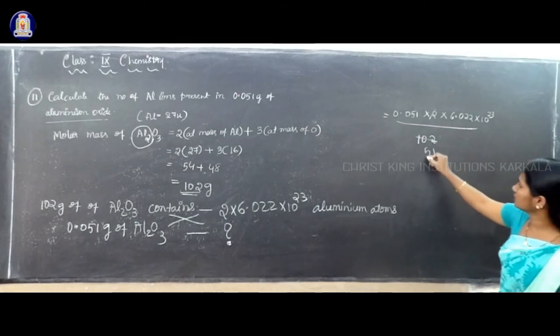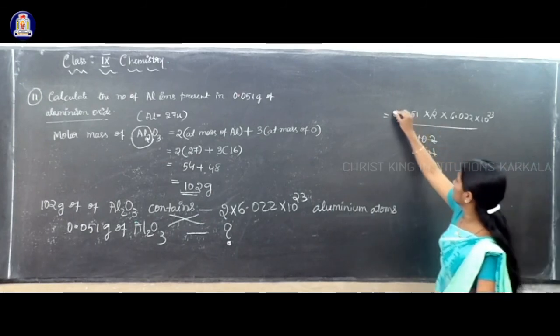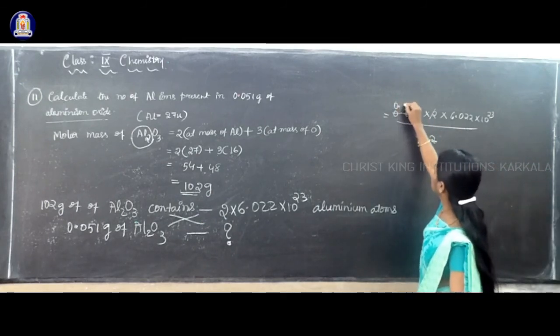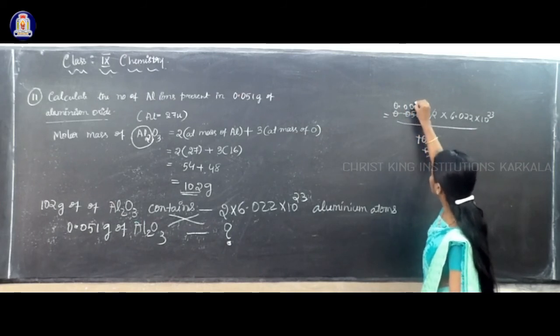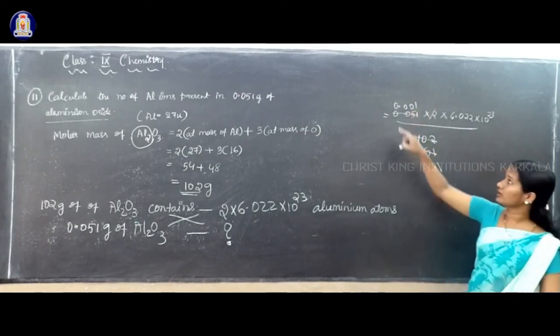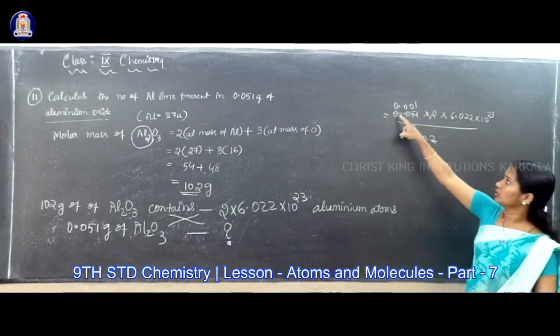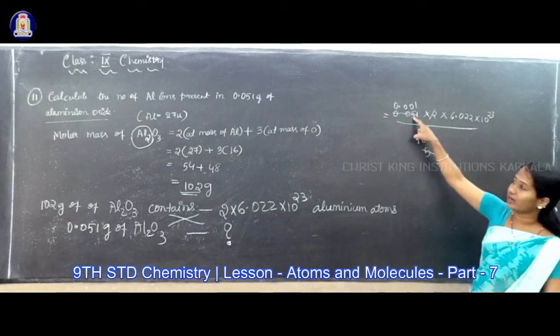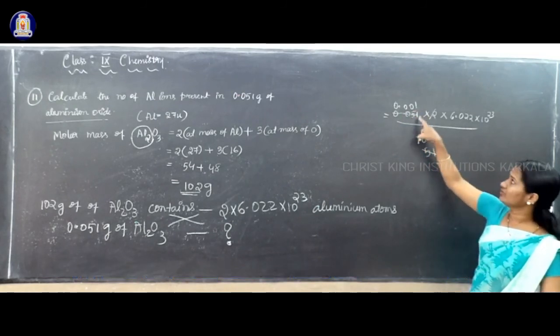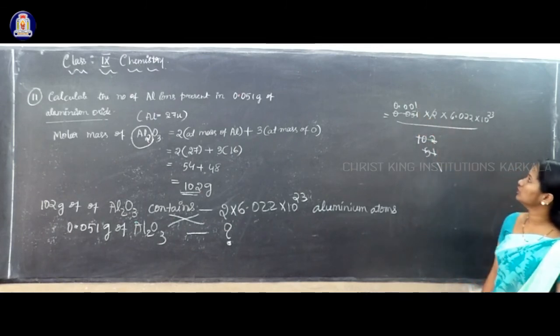If you divide this, 51 by 51 is 1, so you put 0.001.